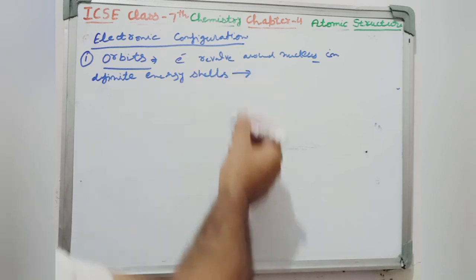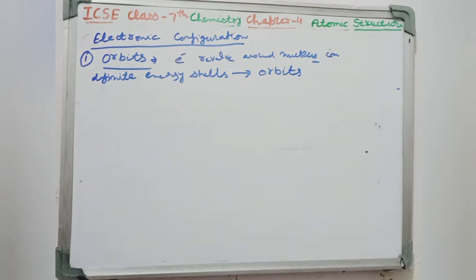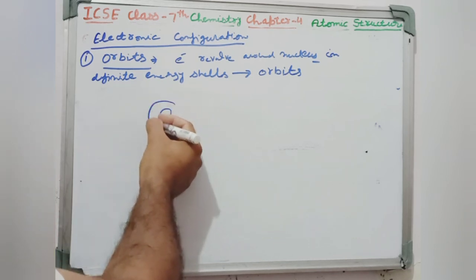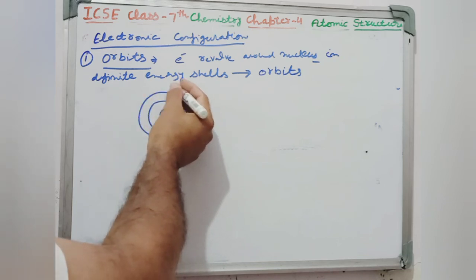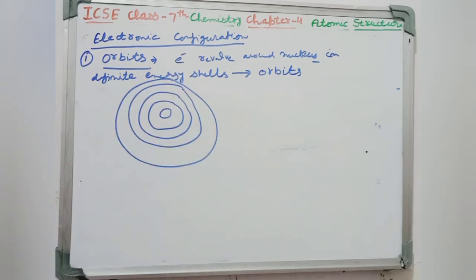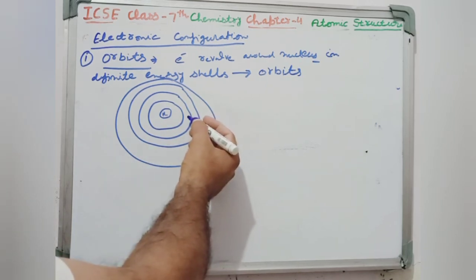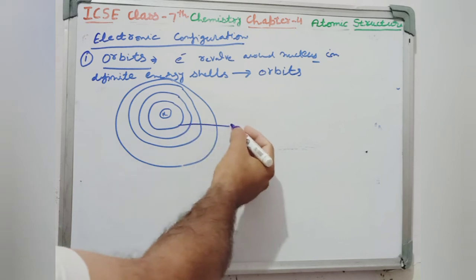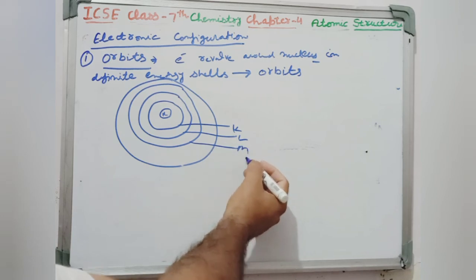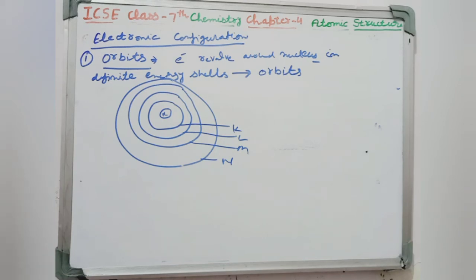These shells are known as orbits. So this is the nucleus. These are four shells, 1, 2, 3, and 4. Now this is K, nearest to the nucleus. This is L, this is M, and this is N. And these are orbits where electrons are revolving.